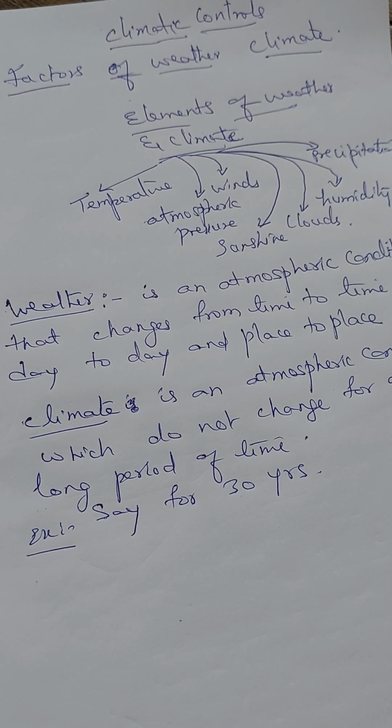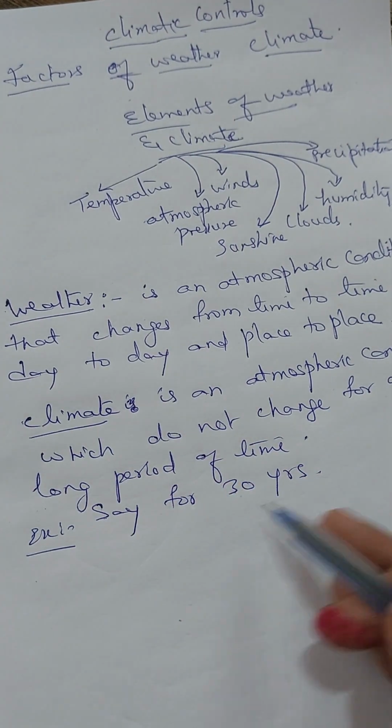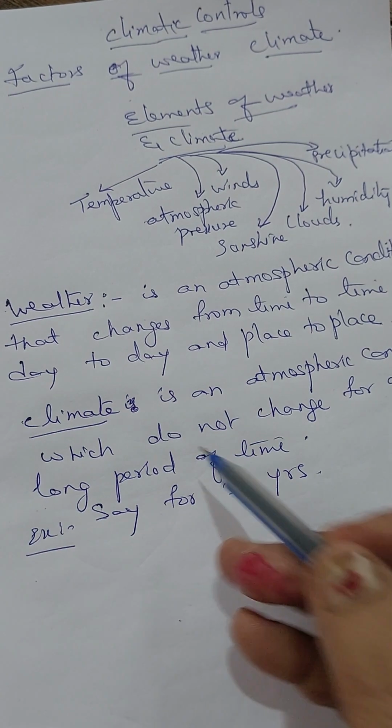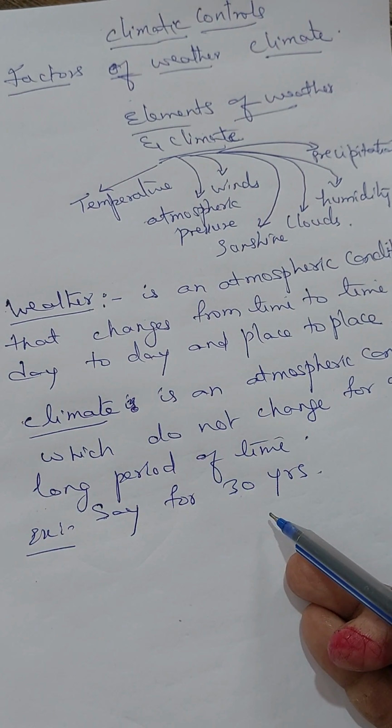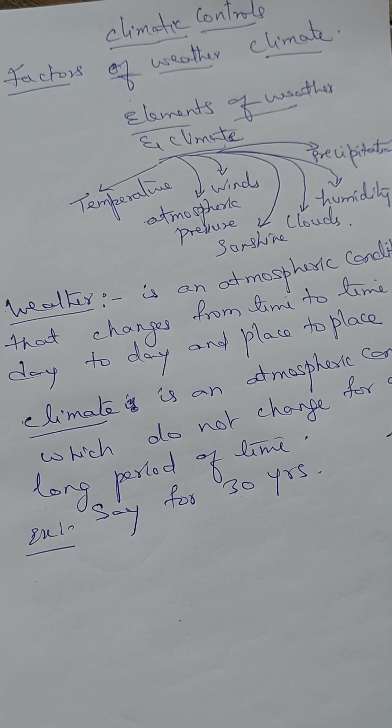That's what we are going to see now. And climate, as I said, is over a long period of time, say 30 years. It is a very slow process. Gradually climate changes. Because it is gradual, man could adapt to that change.